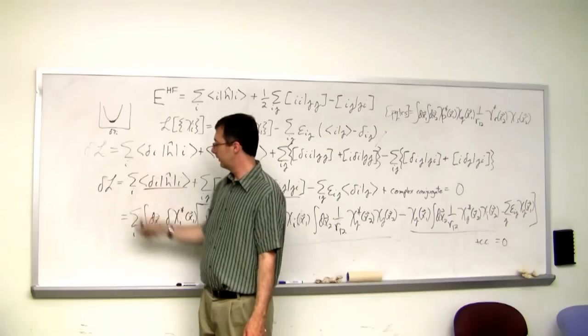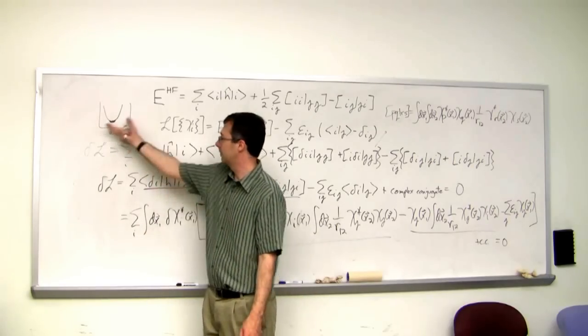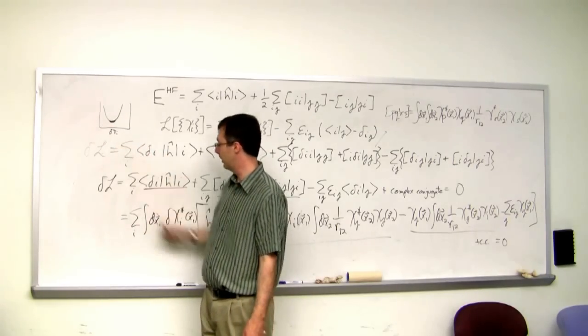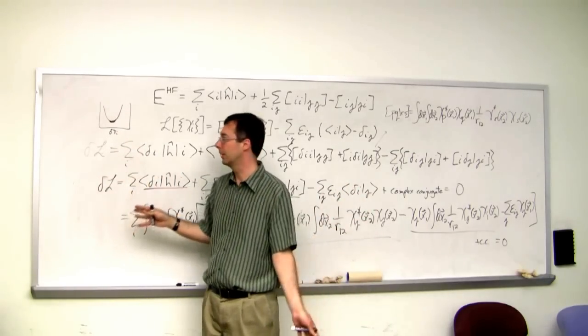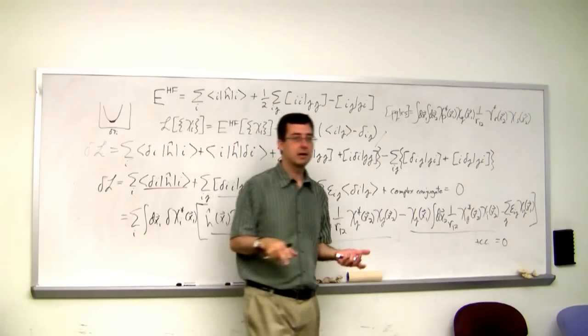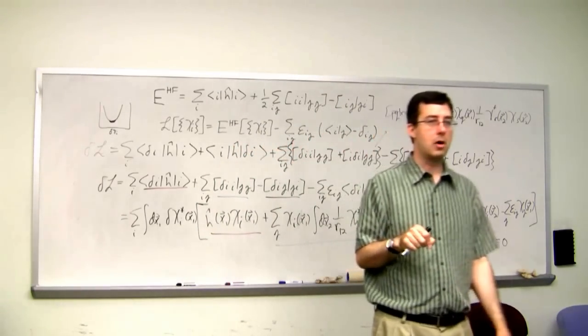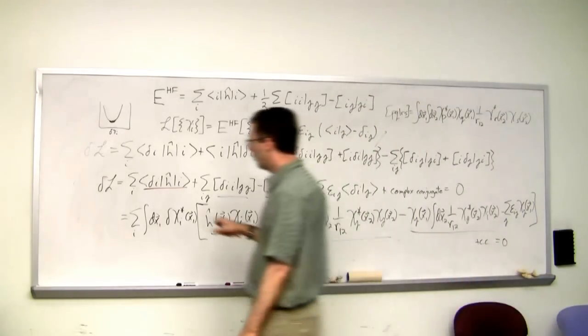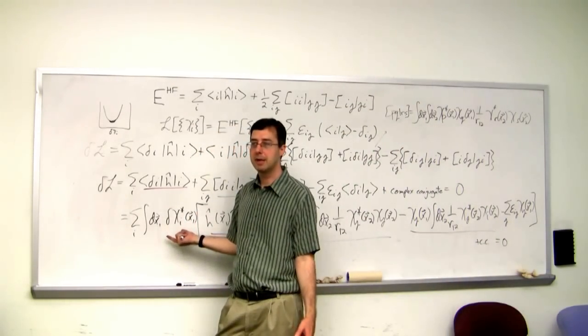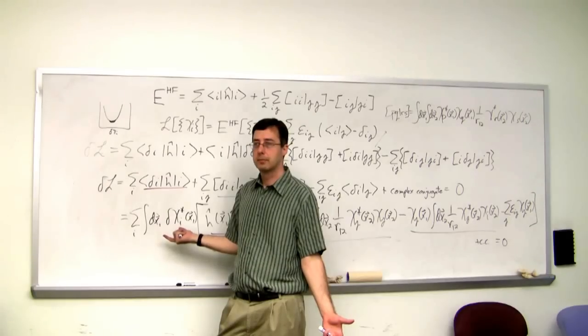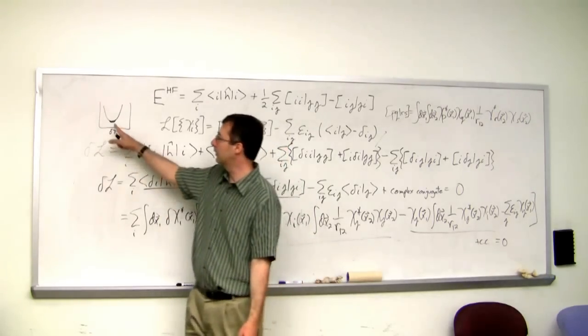This is obviously a multi-dimensional surface, because I have a whole bunch of chi-i's, I could vary chi1, chi2, chi3, or any of them. And I could change them by any amount as long as it's small. So whatever delta chi-i I pick, any i, any amount, as long as it's not big, this thing still needs to equal 0 because I'm at the minimum.